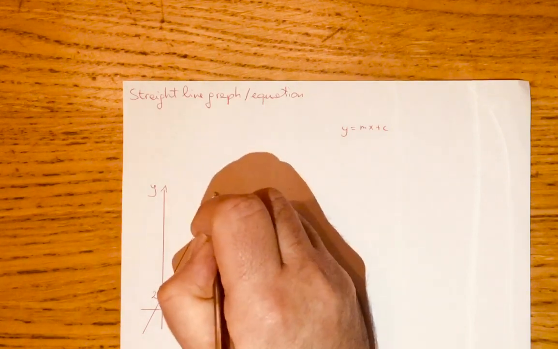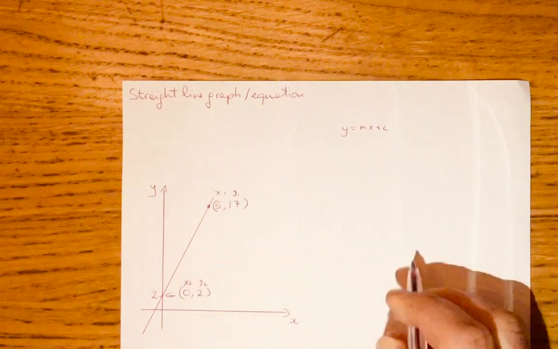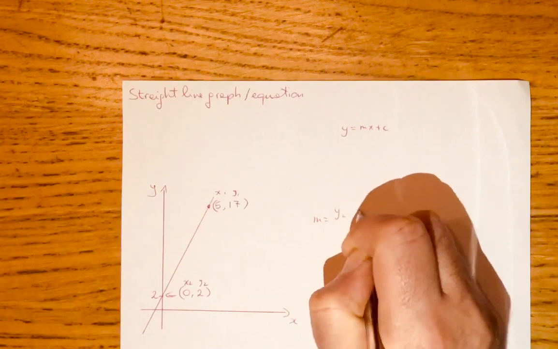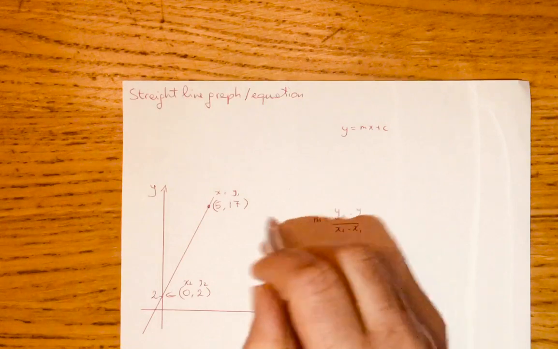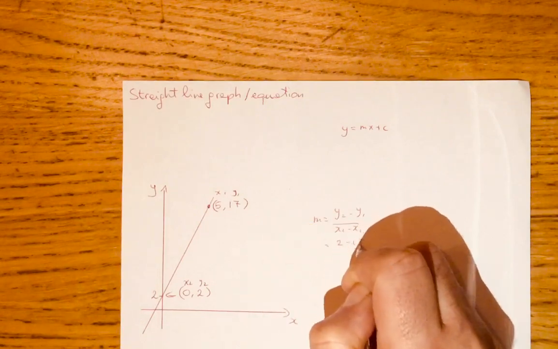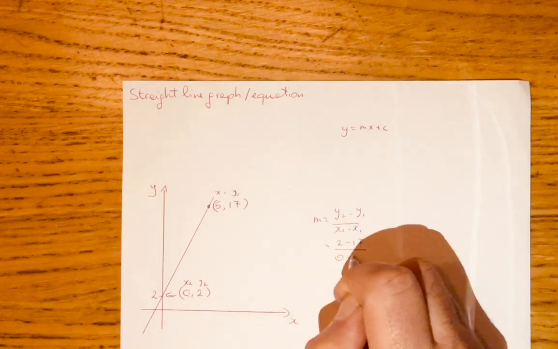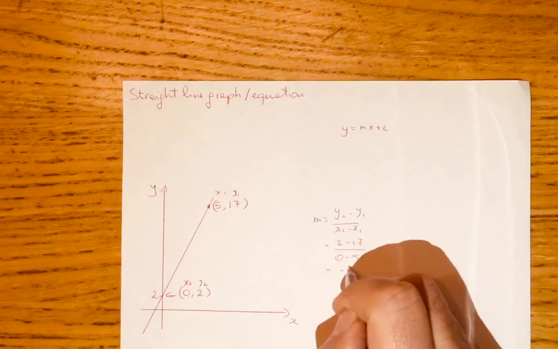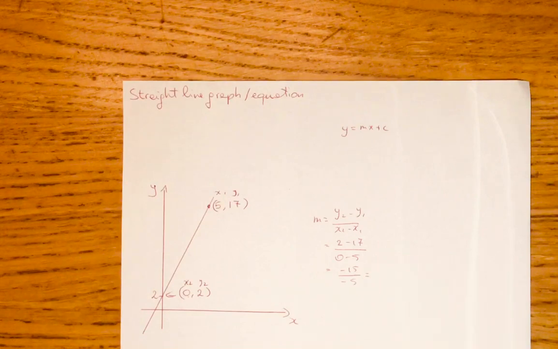Okay, so now x1, y1, x2, y2. So the gradient is going to be y2 take away y1 over x2 take away x1, which is 2 take away 17 over 0 take away 5. 2 take away 17 is minus 15, 0 take away 5 is minus 5, minus 15 divided by minus 5.